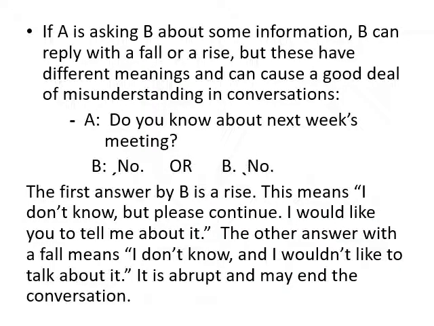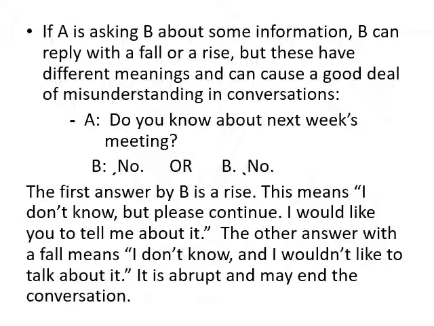طيب If A is asking B about some information, B can reply with a fall or a rise, but these have different meanings. خدوا بالكم. هنا بقى الانتونيشن تعمل سوء فهم. يعني إذا أنت جاوبت بفول مكان الرايز أو رايز مكان الفول عملت سوء تفاهم على طول and can cause a good deal of misunderstanding in conversations. السؤال: Do you know about next week's meeting?